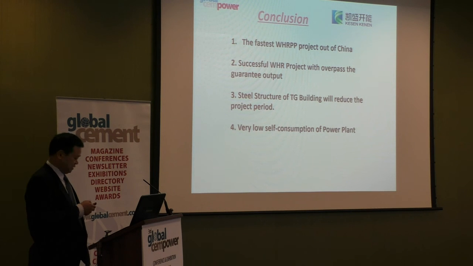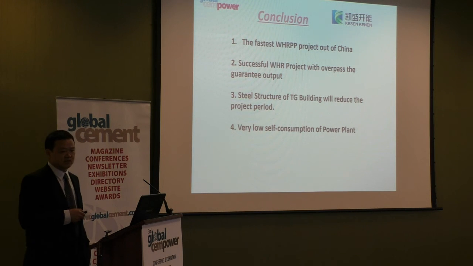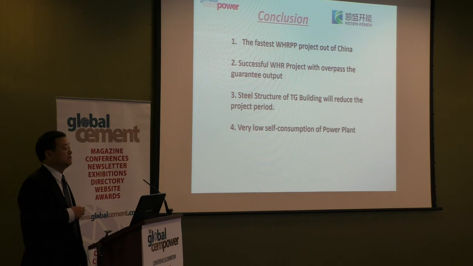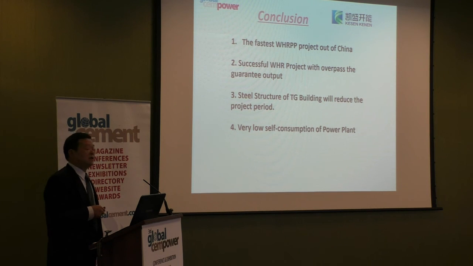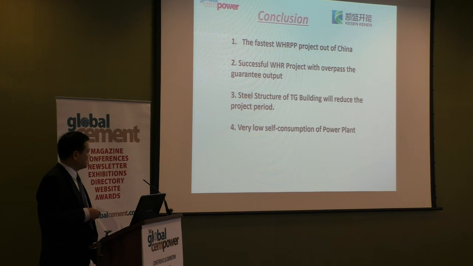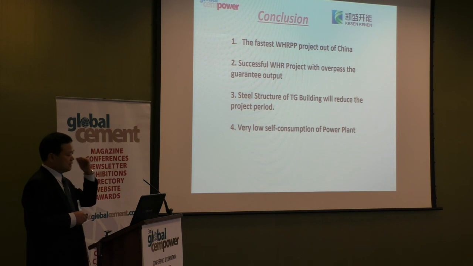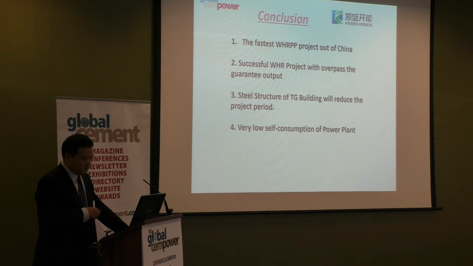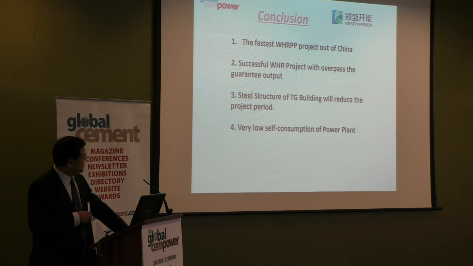This is very important. If you want to reduce the total project execution time, you have to think about steel structure. They can save at least 2.5 months on the TG building. Also, very low self-consumption of the power plant. Even though we use an ACC, air cooling condenser, the typical self-consumption is 9%, but for this particular project, self-consumption is 7.48%.